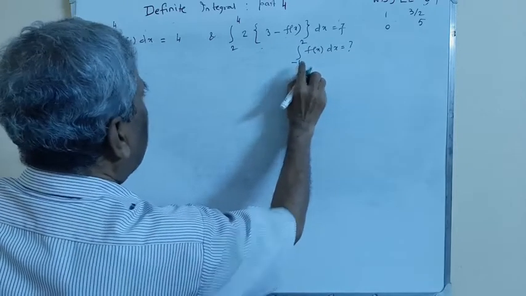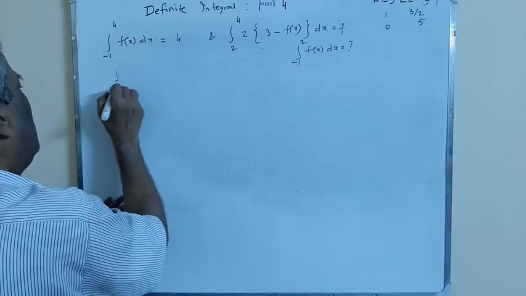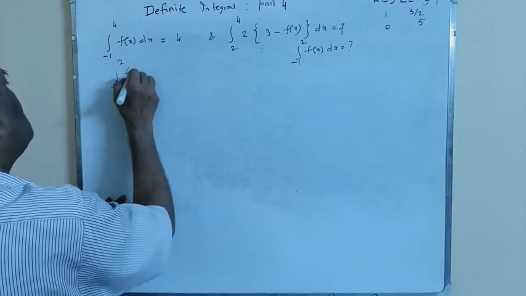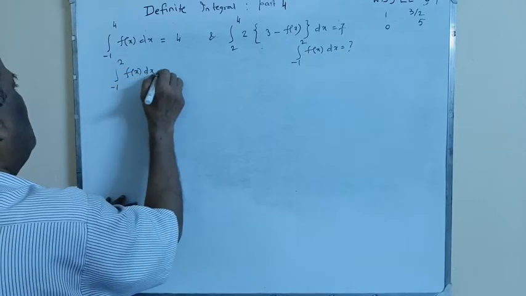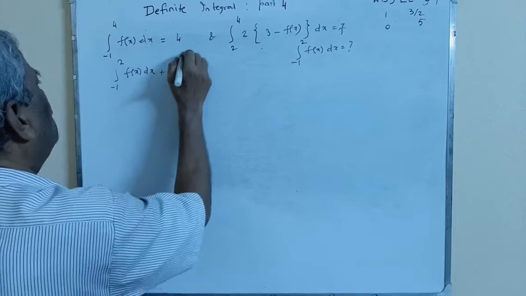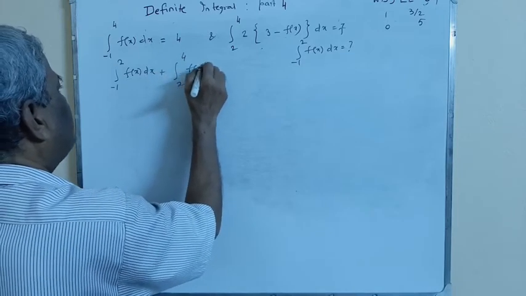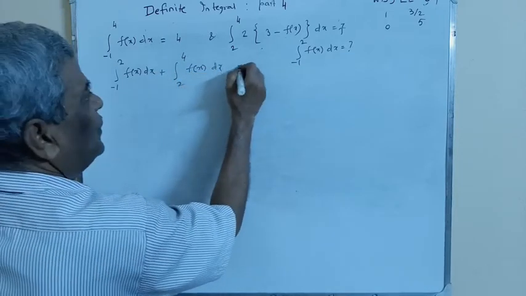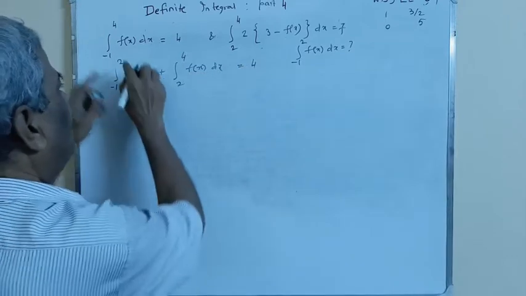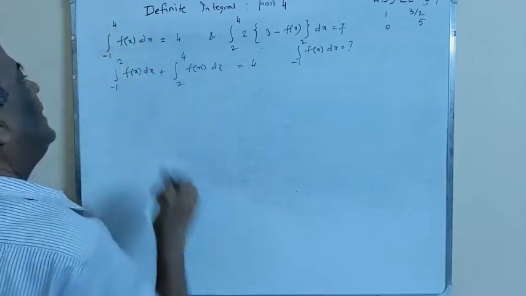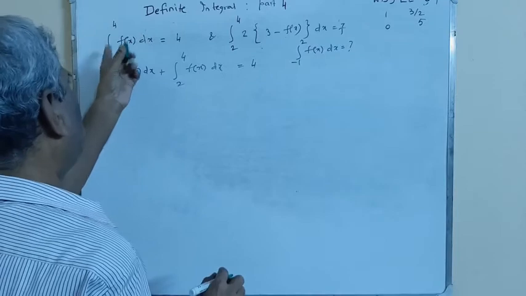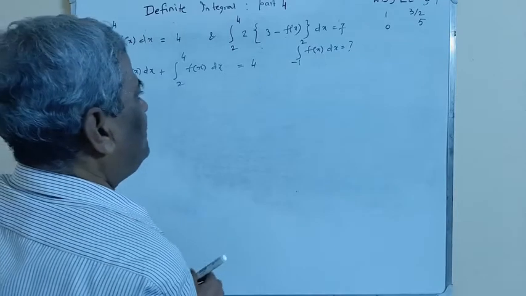we have to find, okay, the integral from -1 to 2 of f(x) dx plus the integral from 2 to 4 of f(x) dx is equal to 4. I break the interval into -1 to 2 and 2 to 4.